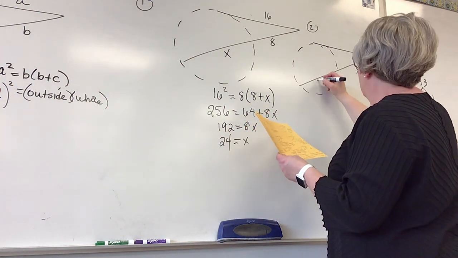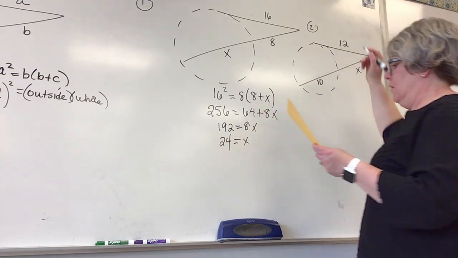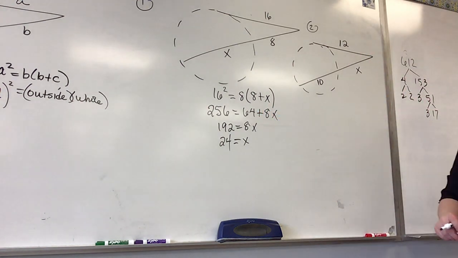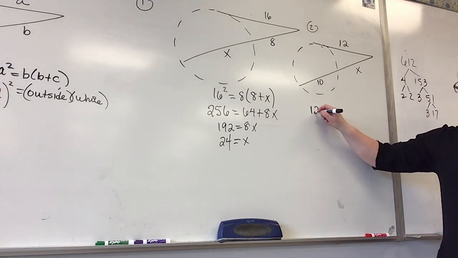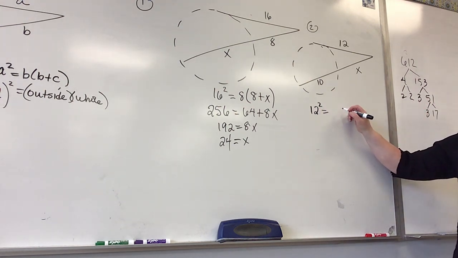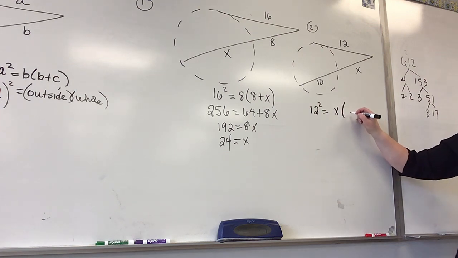X is outside of the secant part. Outside of the secant part. Can anybody set me up? Tangent part squared is, everybody? 12 squared equals outside times whole.